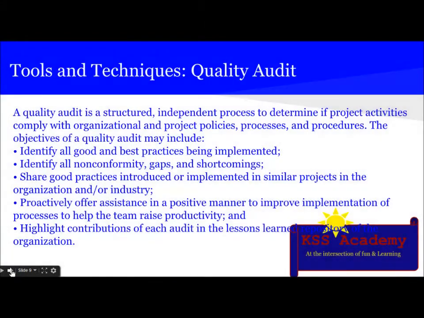The next tool and technique is quality audit. Quality audit is a structured, independent process to determine if the project activities comply with the organizational and project policies, processes, and procedures.